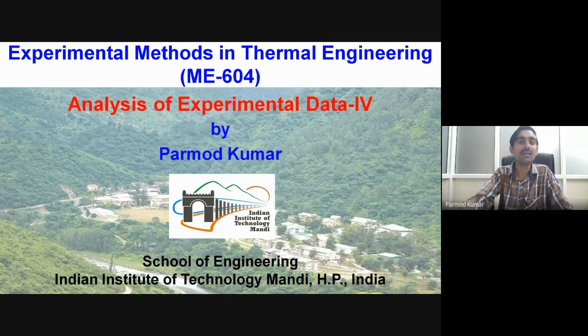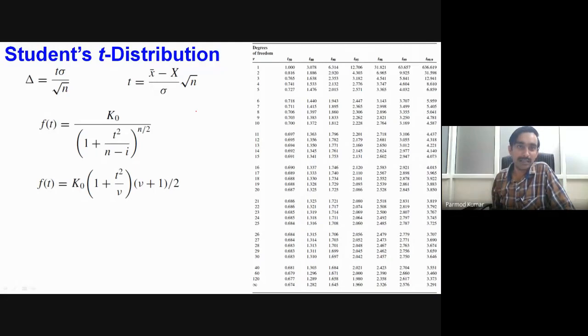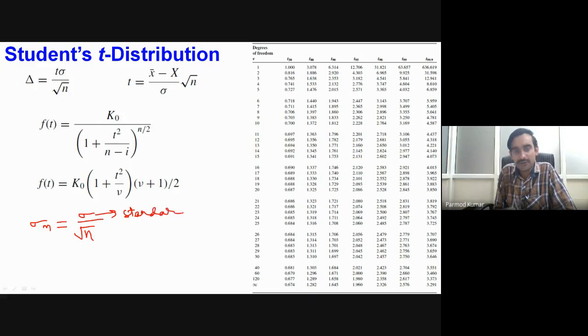So, in the previous lecture, I told you about one concept, which is called the standard deviation of the mean. I defined the standard deviation of the mean as sigma divided by square root of n, where sigma is the standard deviation of the population and n is the size of the population.